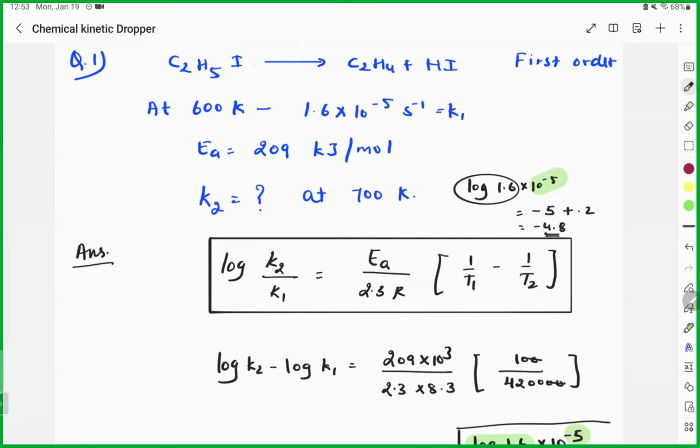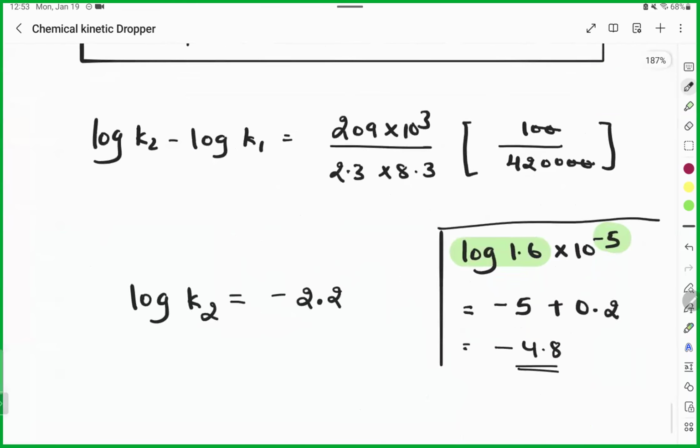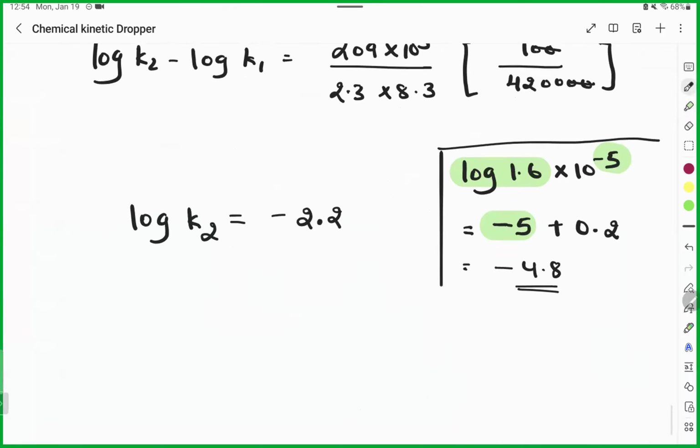I explained how to calculate log 1.6 into 10 raised to power minus 5. Whatever your power is will come in multiplication. Log of 10 raised to power minus 5 will be equal to minus 5. And we know log 2 value is approximately 0.3, then log 1.6 will be around 0.2.